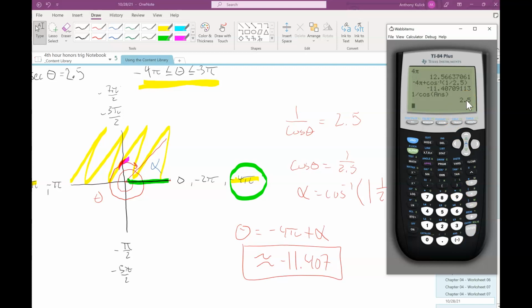And if I check the interval, it's definitely smaller than negative 3 pi, which is going to be negative 9 something. And it's definitely bigger than negative 4 pi, which is going to be negative 12 something, so I'm good. Is everybody okay there? Okie dokie.